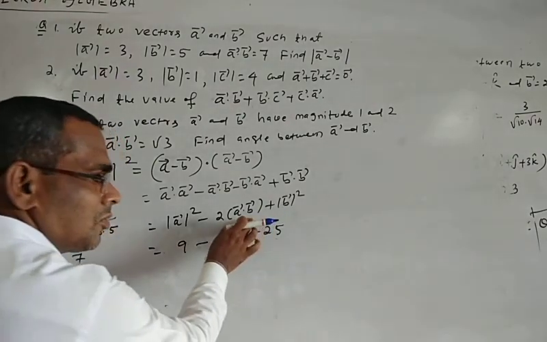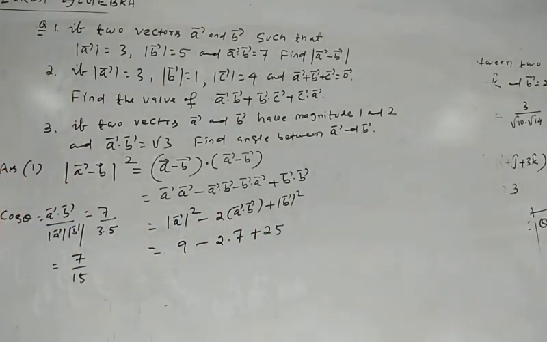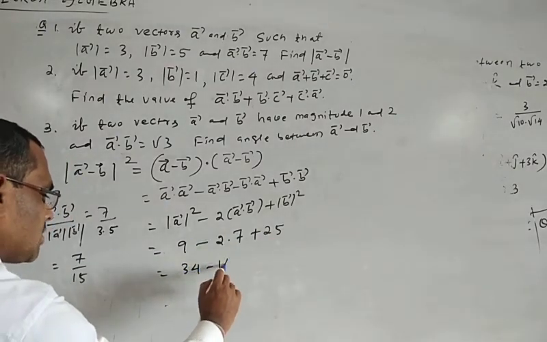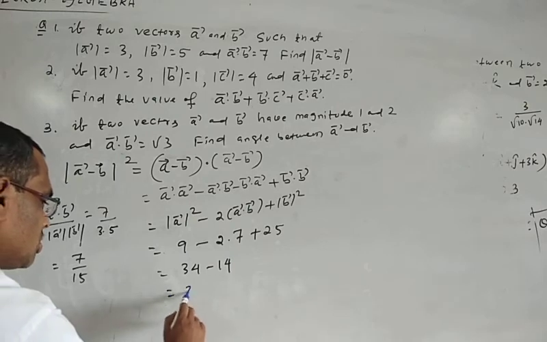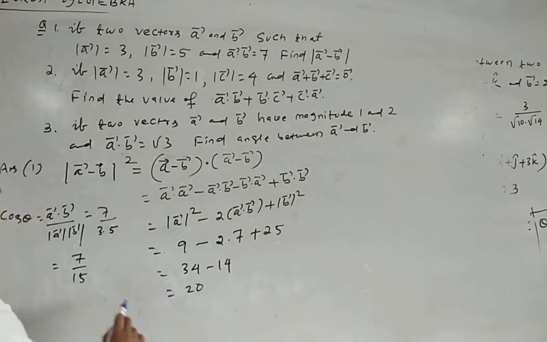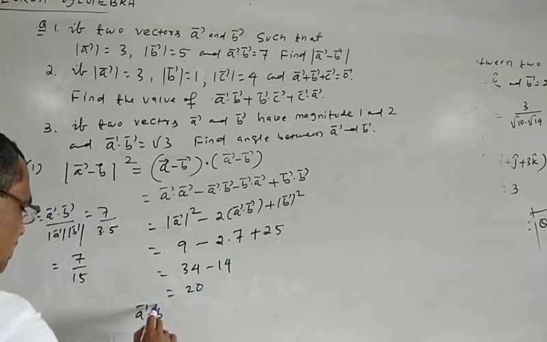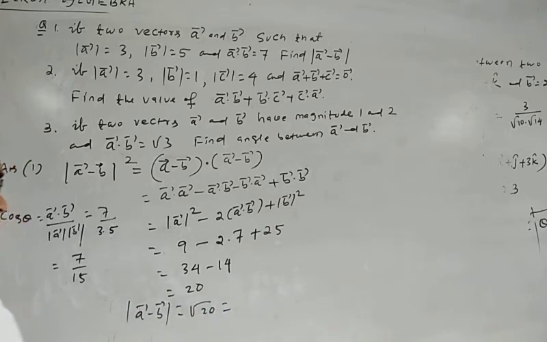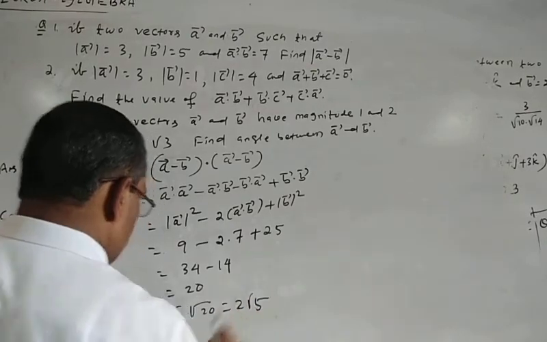Why determine cos theta is equal to A dot B by A magnitude into B magnitude? Not necessary. So this is equal to 29 plus 9, 34 minus 14, which is 20. So A vector minus B vector magnitude is equal to root 20, which is 2 root 5.